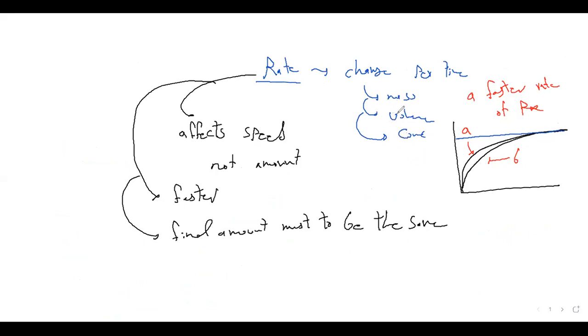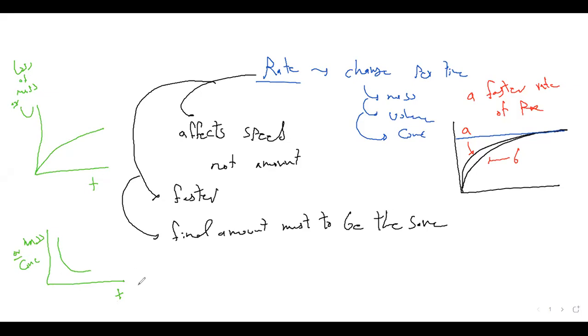For volume with time, it increases directly. But in case of mass or concentration with time, they decrease gradually. So loss of mass or volume goes directly with time, while mass or concentration goes inversely with time.